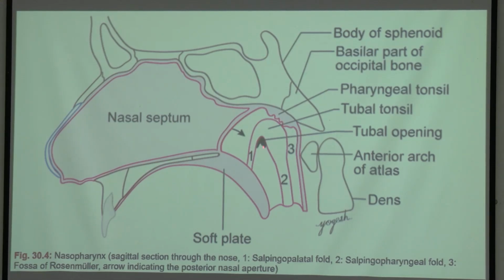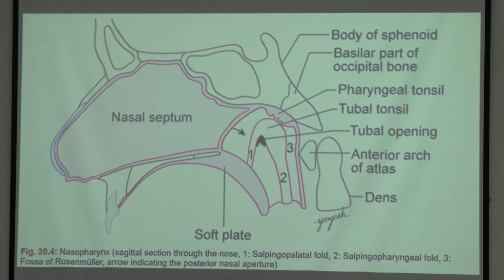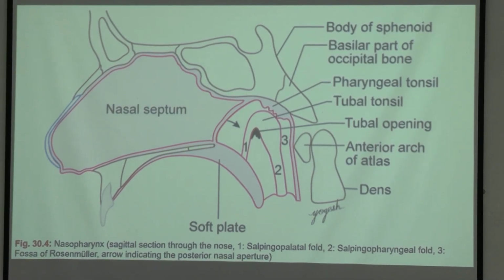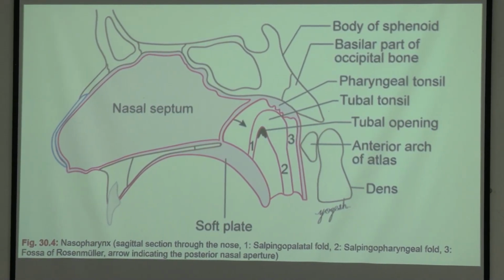Here on the lateral wall we can get the opening of the pharyngotympanic tube, the connection between the middle ear and the pharynx.